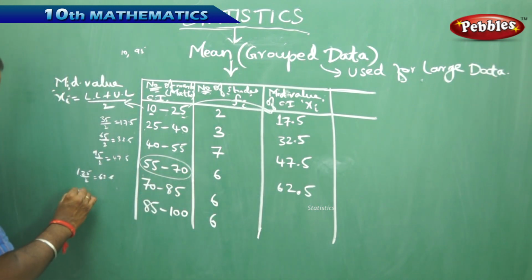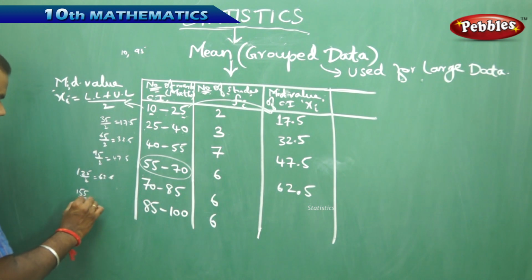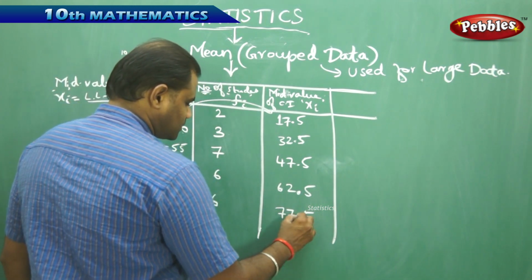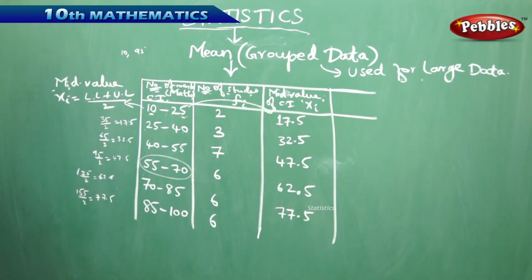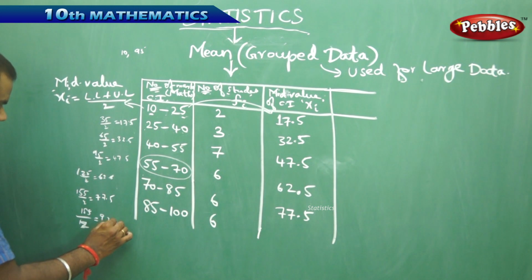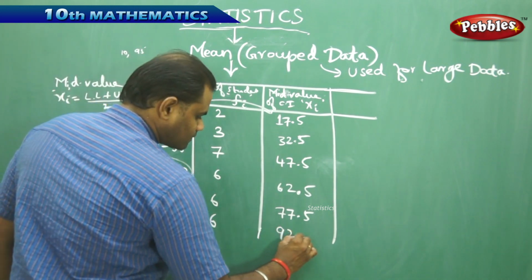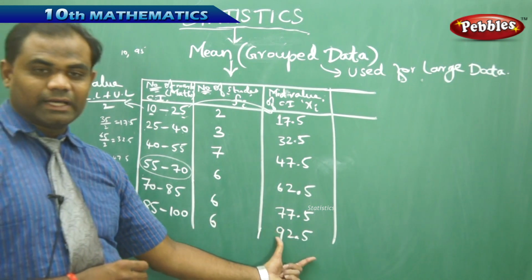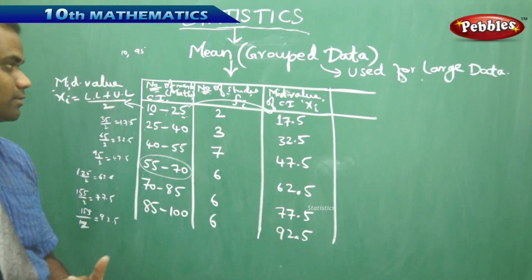Similarly, 70 plus 85 is 155 by 2, which is 77.5. And finally, 85 plus 100 is 185 by 2, which is 92.5, the mid value xi for the class interval 85 to 100.